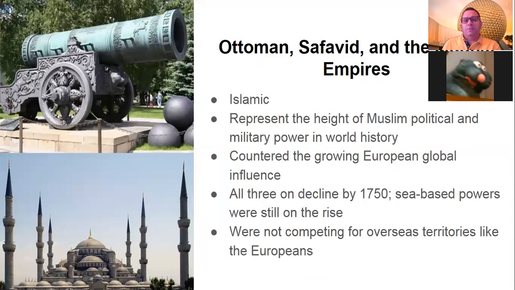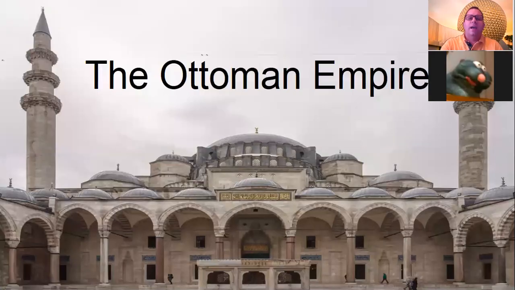They believed that that was the way to increase your wealth. Remember, by 1750, we're talking about mercantilism extensively, so the idea that your wealth was measured based on your colonies. And obviously, none of these empires had colonies. And so by 1750, they begin to decline in both prestige and in power.